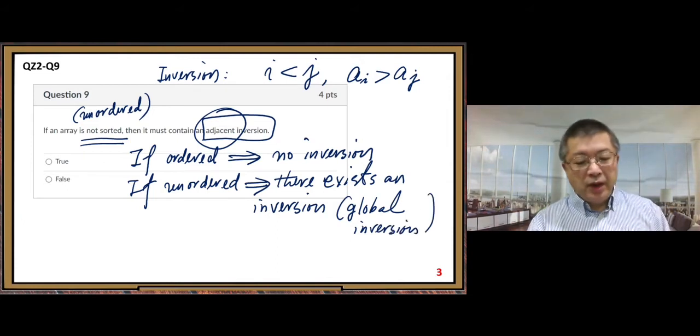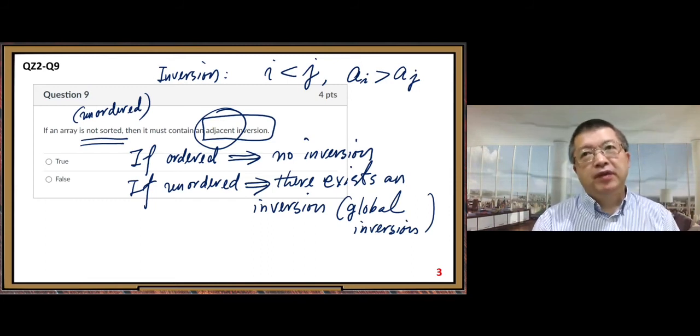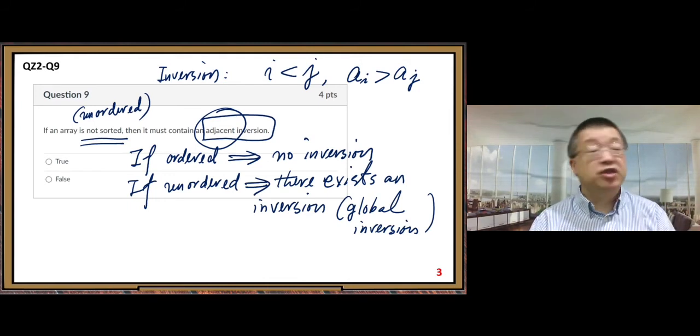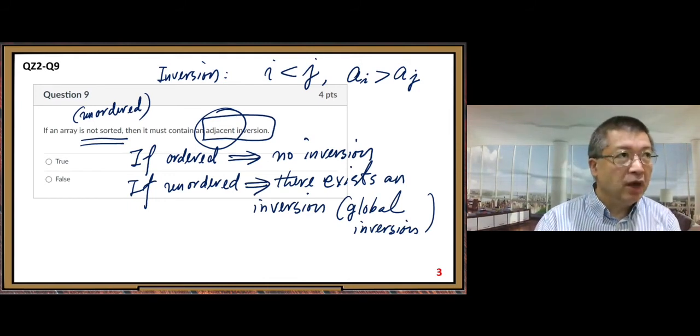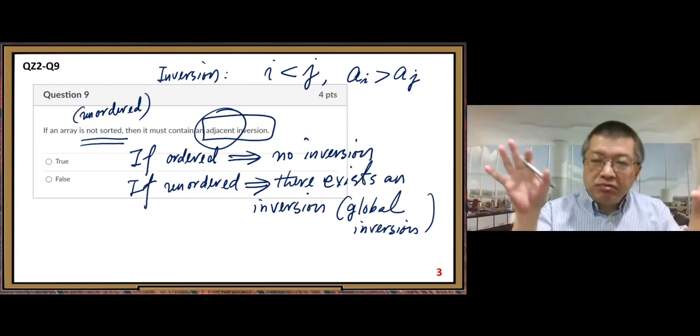Then you need to go another step from the global inversion to an adjacent inversion. What's that relationship? Here you need to use your imagination.